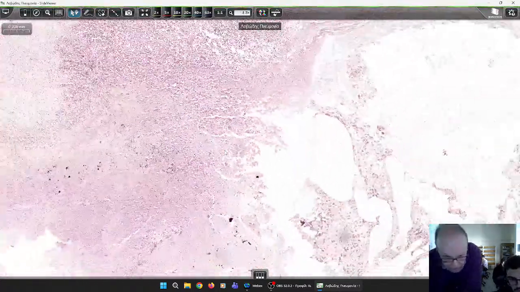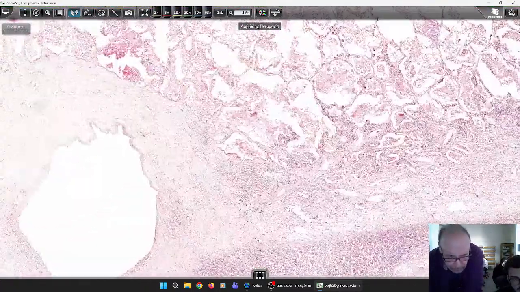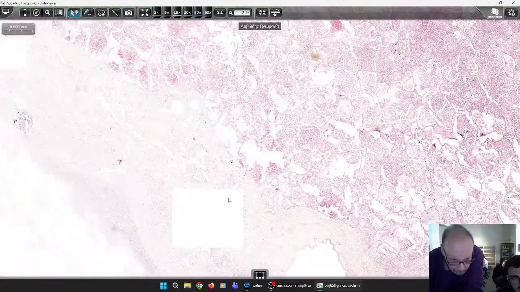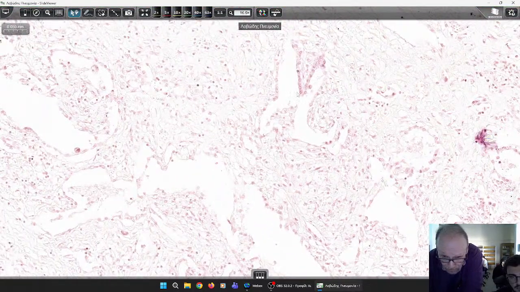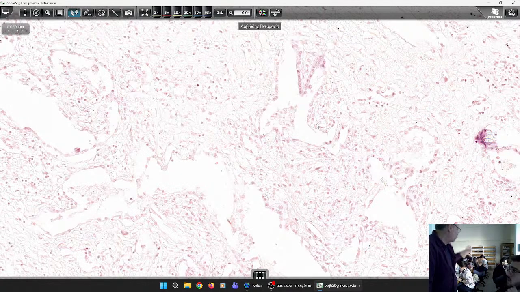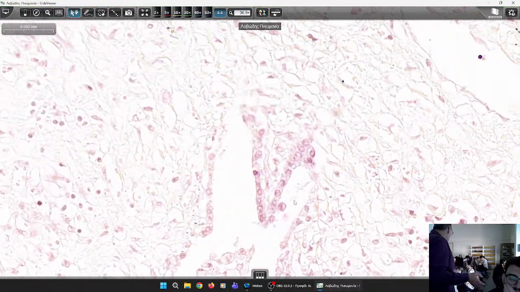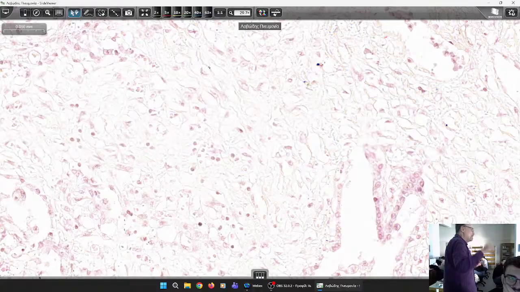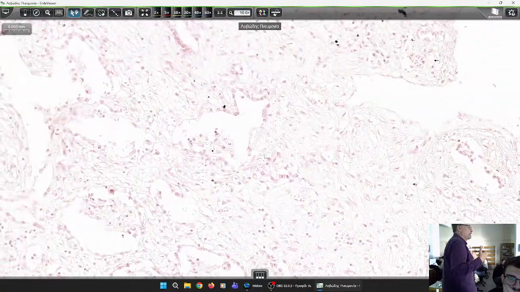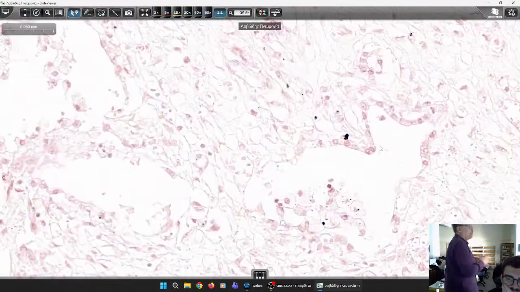And another complication of chronicity is evident here, where you see that there are some alveoli being suffocated by fibrous tissue, which is not normal in the lung, because this is related to inflammation chronicity.